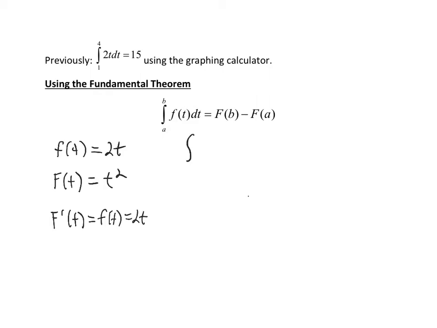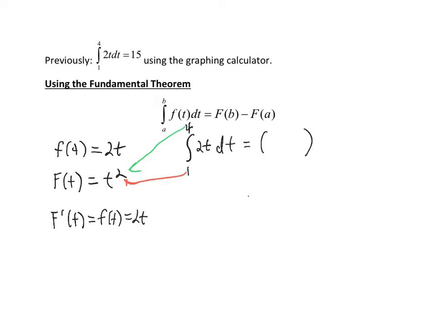So when we're trying to do the area from 1 to 4 of 2t dt, what we're actually going to do is plug 4 into this function, and plug 1 into this function, following the fundamental theorem.